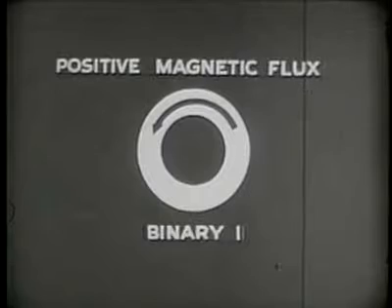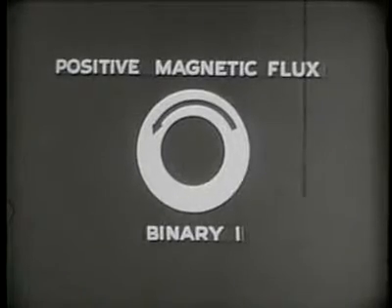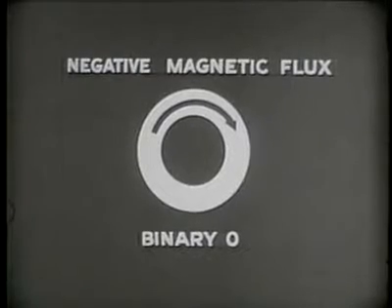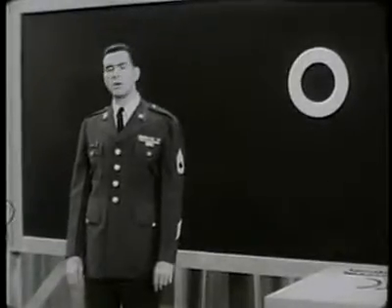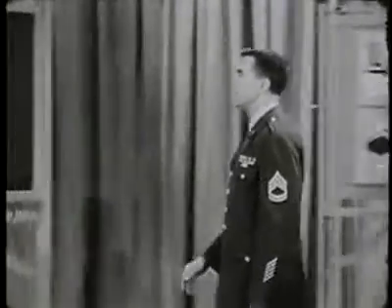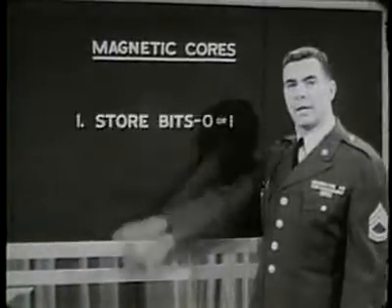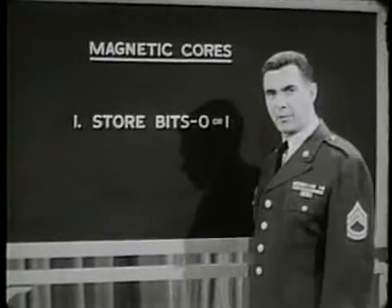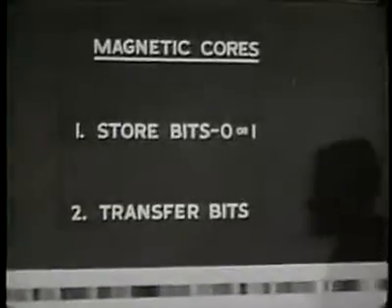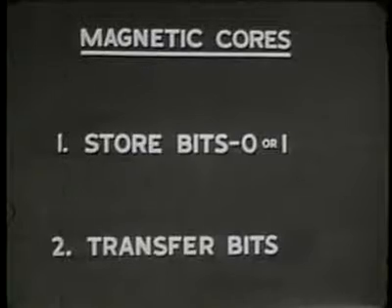However, remember that this arbitrary definition of positive magnetic flux representing binary 1 and negative magnetic flux representing binary 0 may be reversed in some systems. So far, we've been establishing the function of magnetic cores. They store binary digits, or bits, 0 or 1. Now we're going to see how they do it, and also how they transfer bits from one core to another.